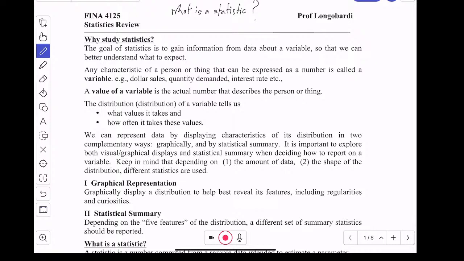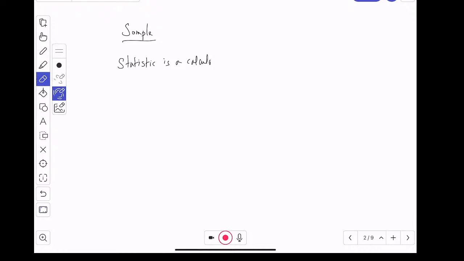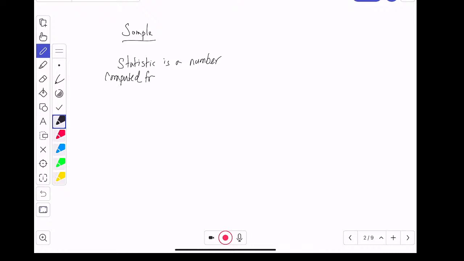The idea is that the statistic, a statistic is a number computed from data in a sample.